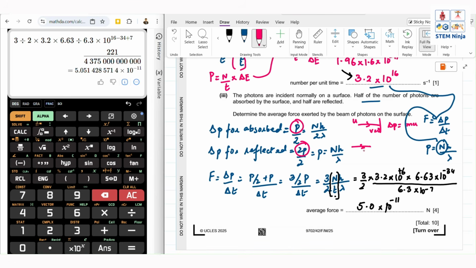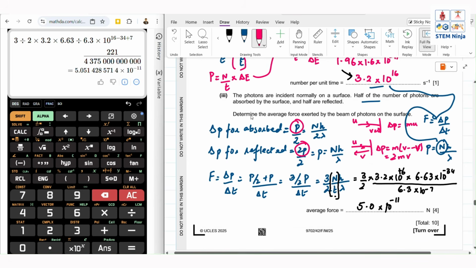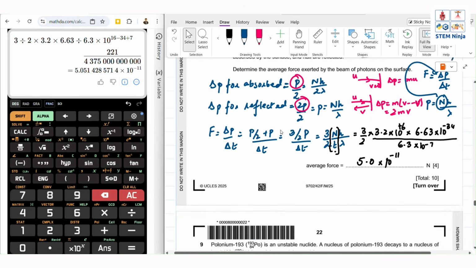But for this one, if this is U, this is V, the change in momentum would be MV minus minus U, which is just going to be 2M if both are the same. So this is the reason for doing 2P and P, basically. All right, moving on.